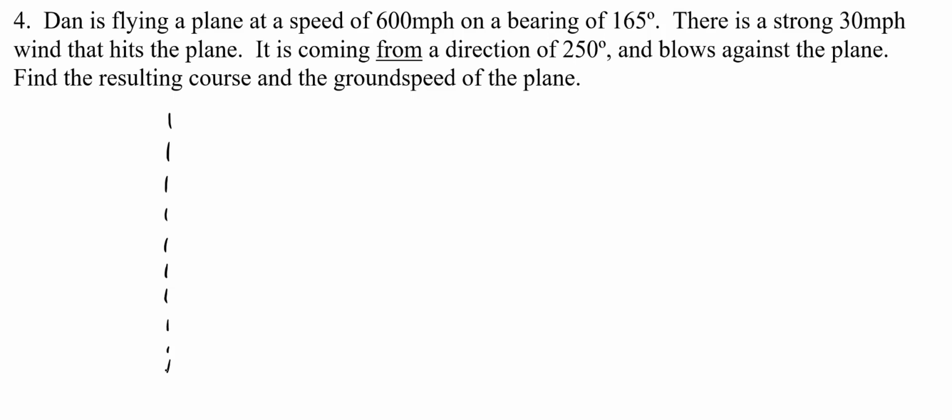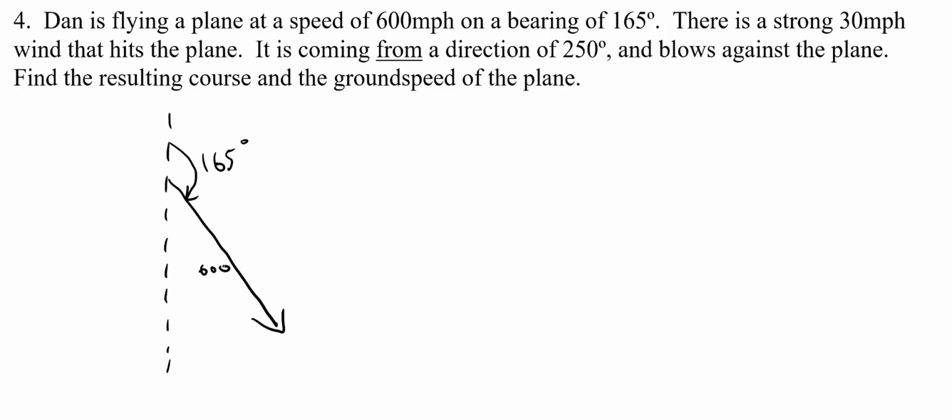For 165, what I would suggest, as opposed to drawing it really close to vertically down, is to extend it out a little bit like this. Just give yourself some room to see. So this is 165 degrees here. And it's 600 miles an hour.